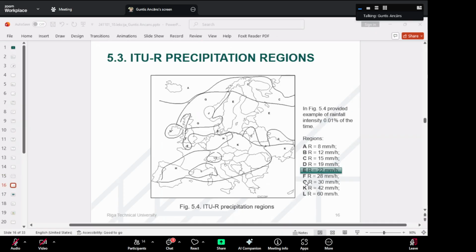This is a fragment of the European part. ITU prepared a precipitation map, and this figure is for Europe.